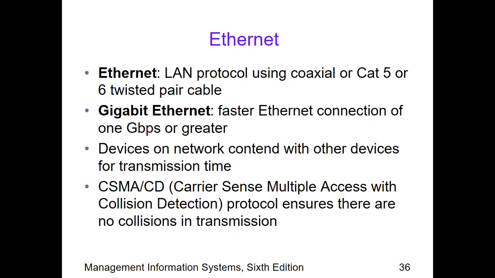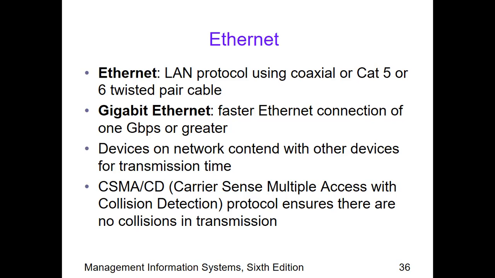Then Ethernet, a term that I would say is very interesting in networks, especially since it's ether, so something like valuable. It is a LAN protocol, a local area network, and it's a set of rules using cables, which could be coaxial or Cat5 or 6 twisted pair cable.